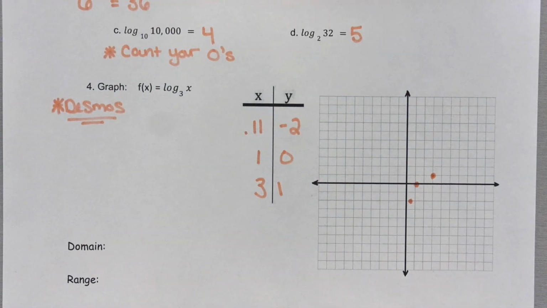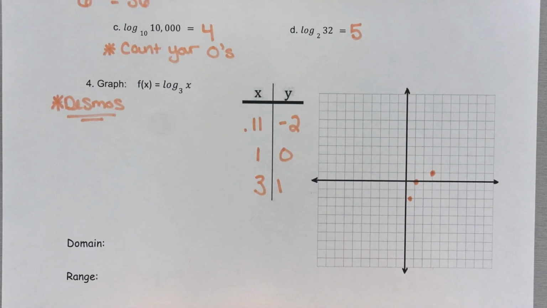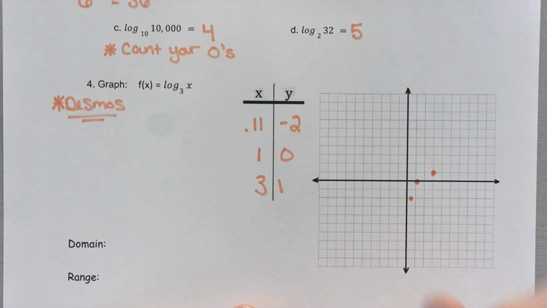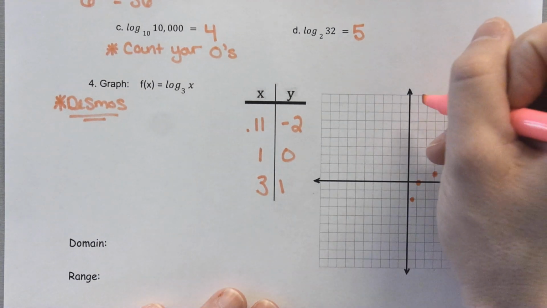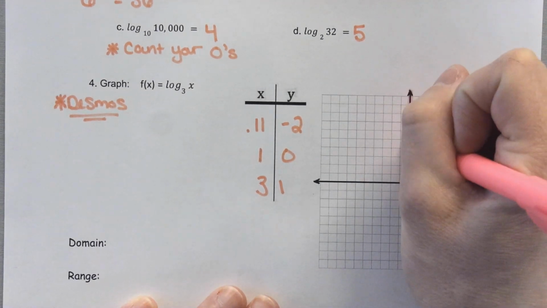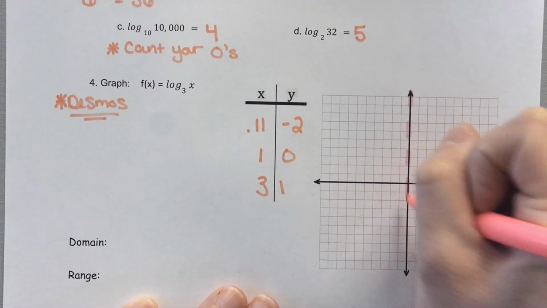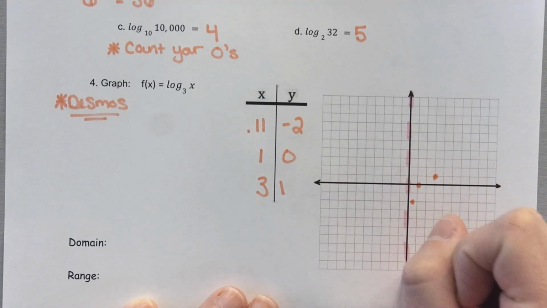Now, if you looked at that graph, and I already took it off the screen, where does my asymptote live? I can't make it quite that far to -2. So if you look back at your graph, it should say undefined at 0.